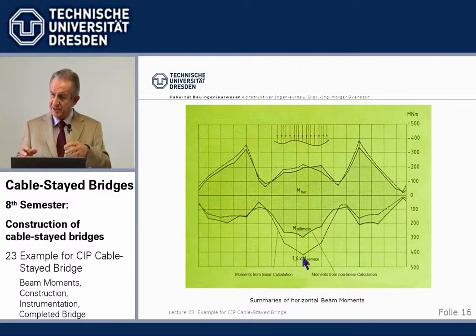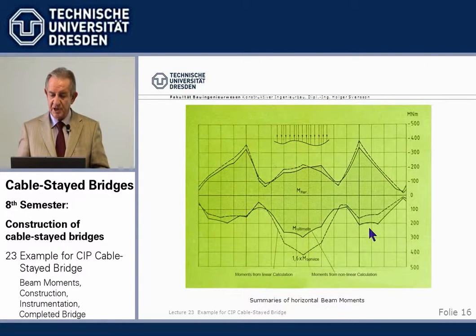We've taken that into account at the ultimate stage. Cracking doesn't occur at service. With cracked concrete, that becomes weaker. We have a redistribution of moments from the center to the towers. So the nonlinear effects can have a reduction as a result.